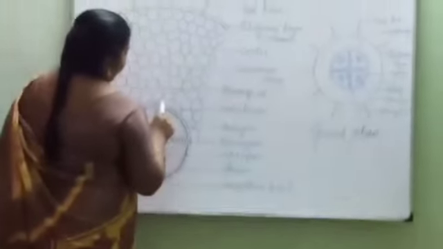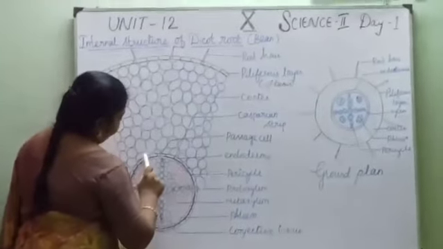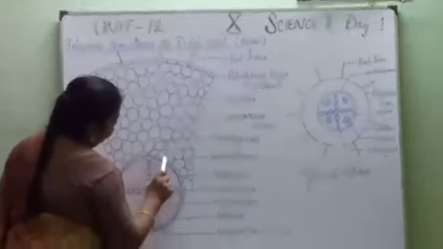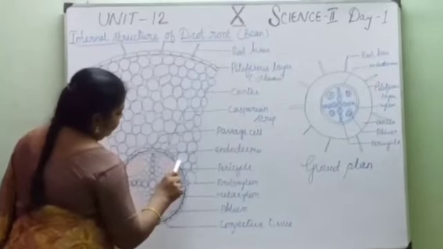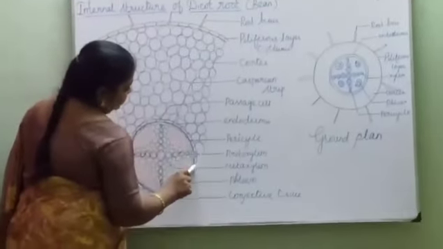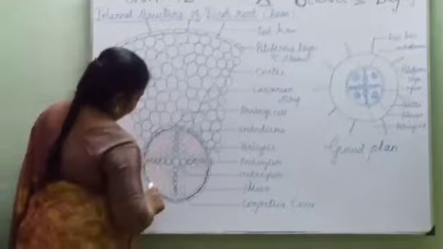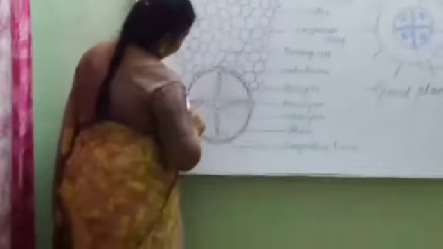The innermost layer of the cortex is endodermis. The main function of cortex is storing the starch grains. Next, endodermis. Endodermis is also made up of thin-walled parenchymatous tissue, barrel-shaped, without intercellular space, compactly arranged, and passage cells are present in the endodermis.